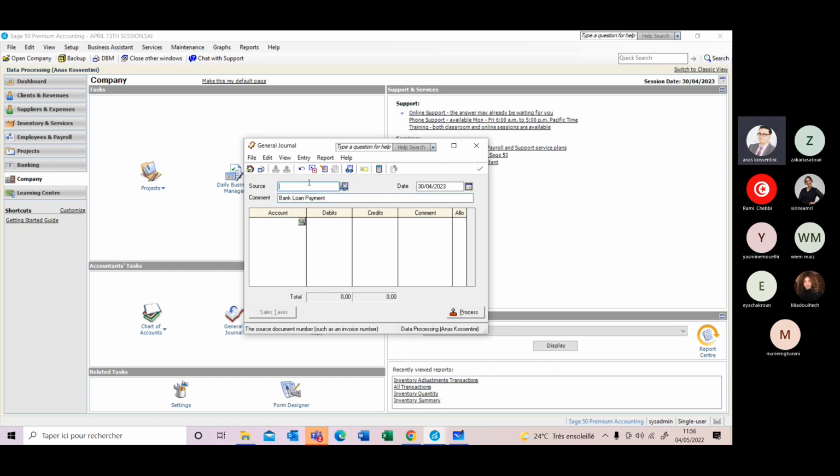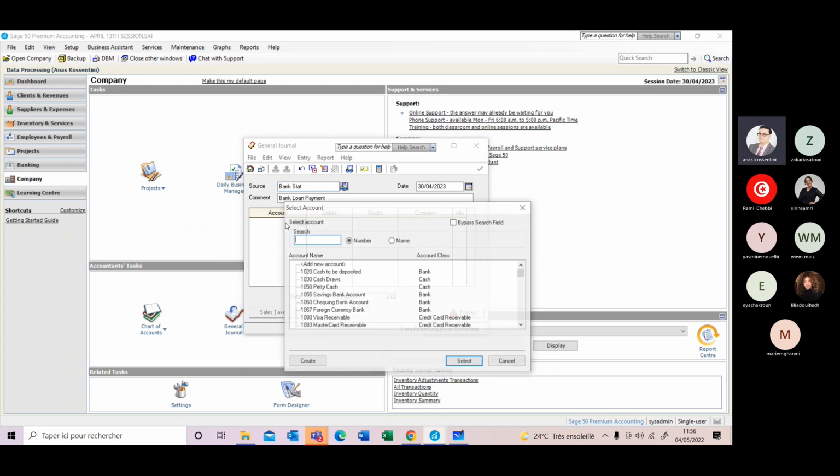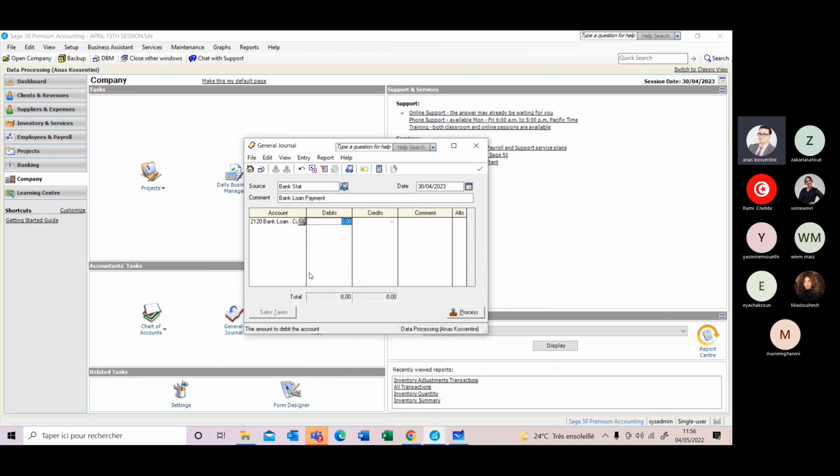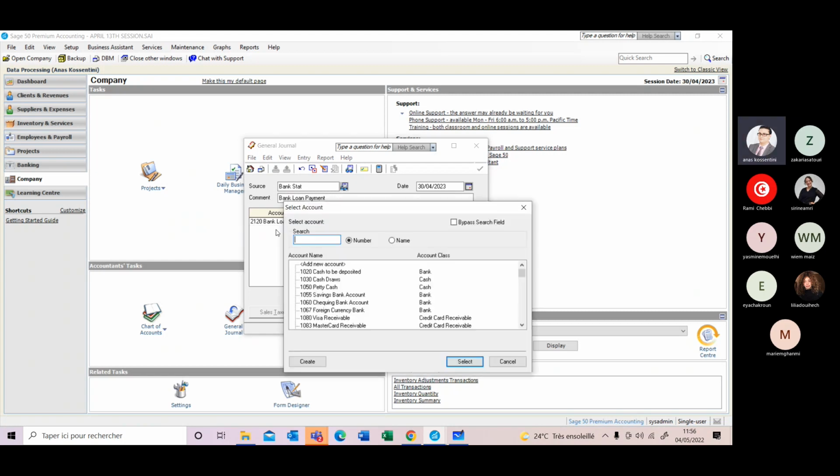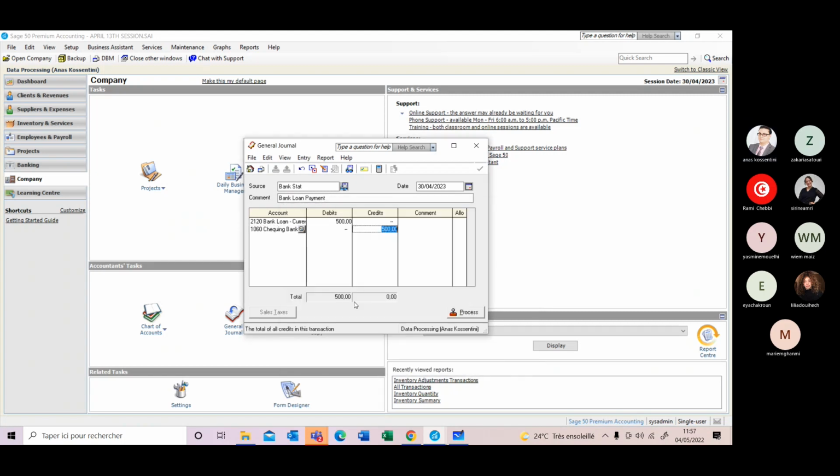The source document, I don't know, say the bank statement. The account, you debit and you credit. What is the account that is debited? It's 2120, bank loan current portion, so it's 500. And you credit what? The checking bank account, 500. And before you click on process, you have the same button that exists, store as recurrent transaction.